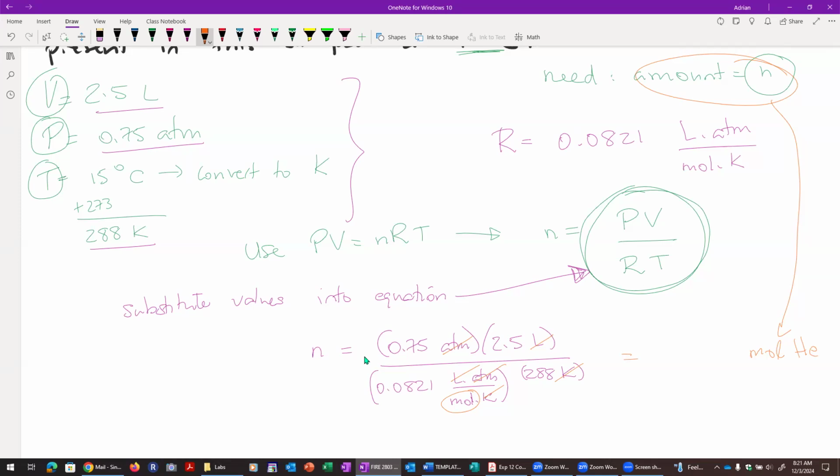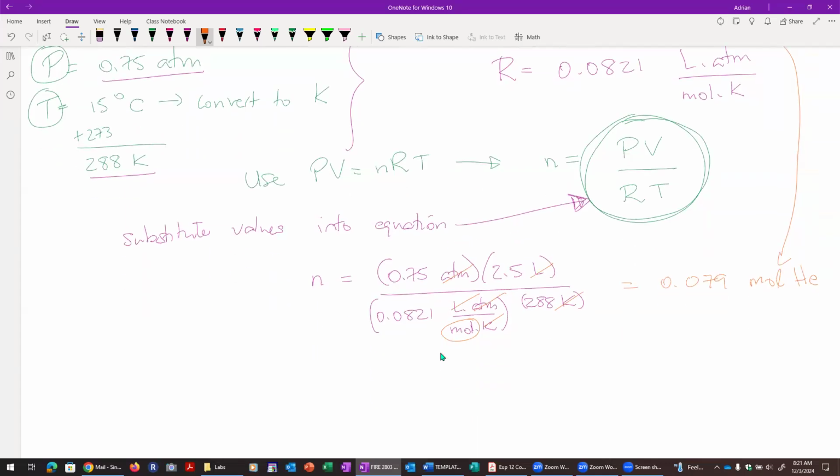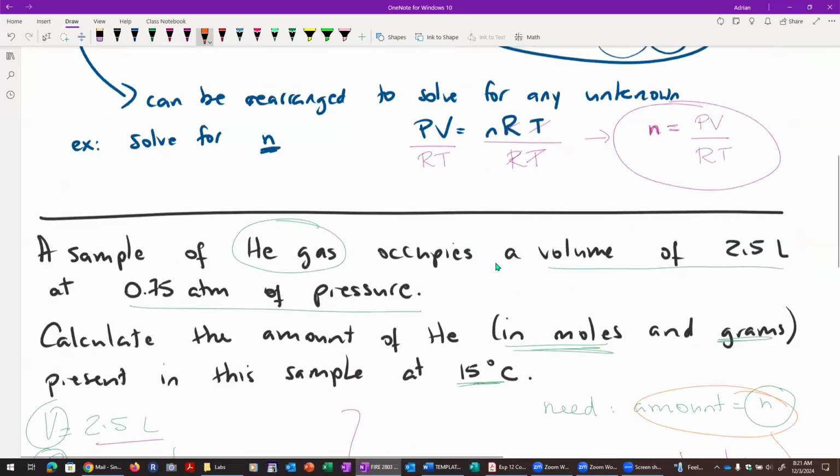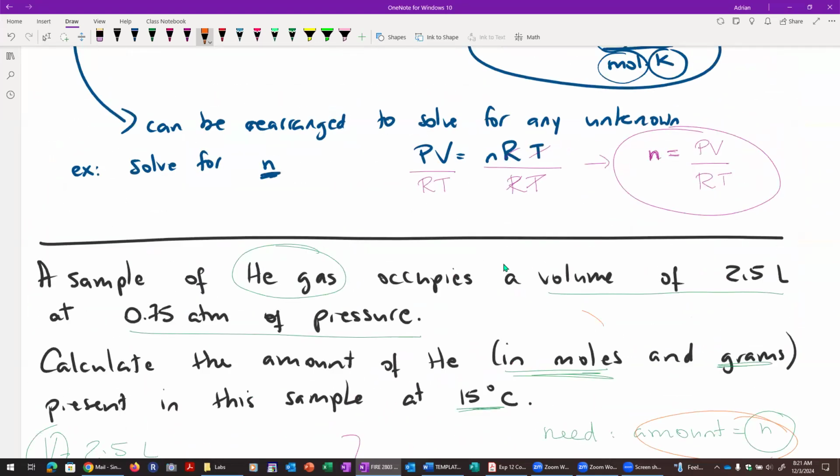And that's going to give me 0.079 moles of helium. All right, so that's the first part of the problem. So we have 0.079 moles of He.